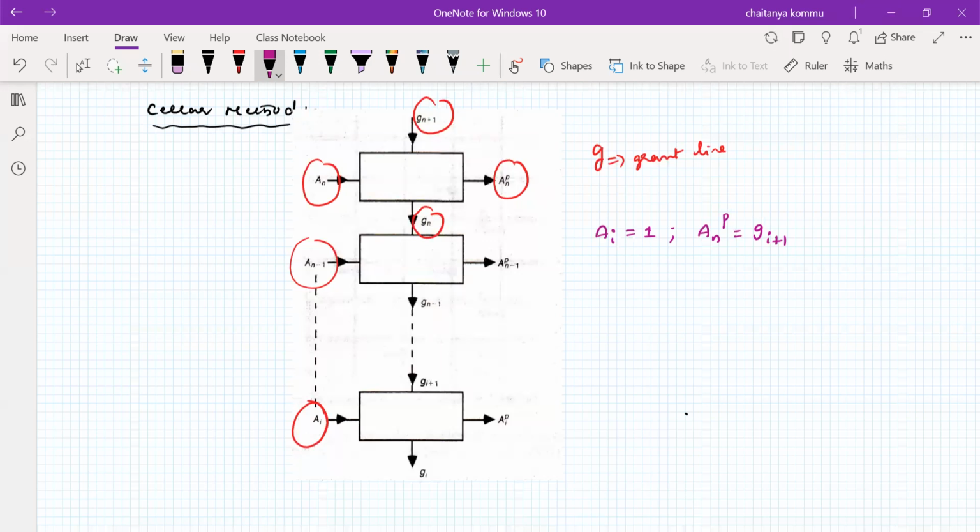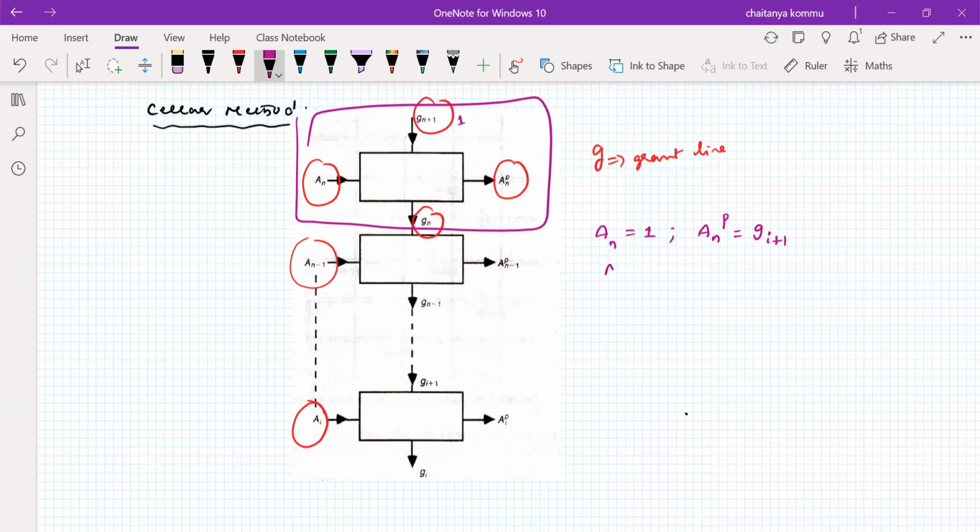Whatever may be the intermediate signal, in this case only we consider this one. We take this as A(n-1), and the first bit is chosen. This is what I would like to discuss. If the higher MSB bit is 1, then the output must be equal to the grant line, that means logic 1 will be generated.